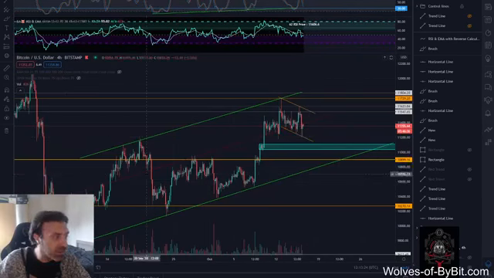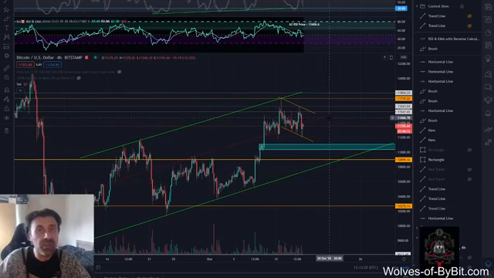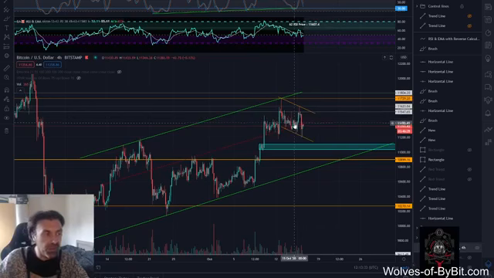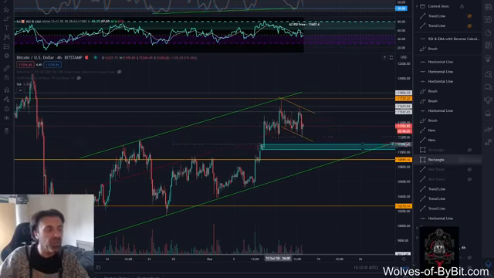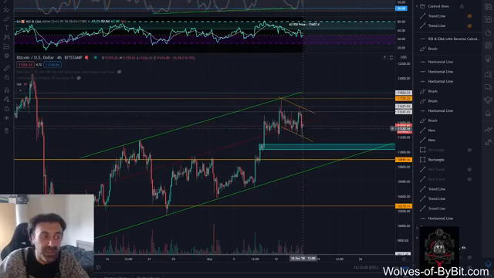As you can see, this is only a medium line. This is not a line that I expect to be respected a lot, but it's a little bit like splitting the channel in 2 areas. Now we see that slowly we are moving in the lower area of this channel.